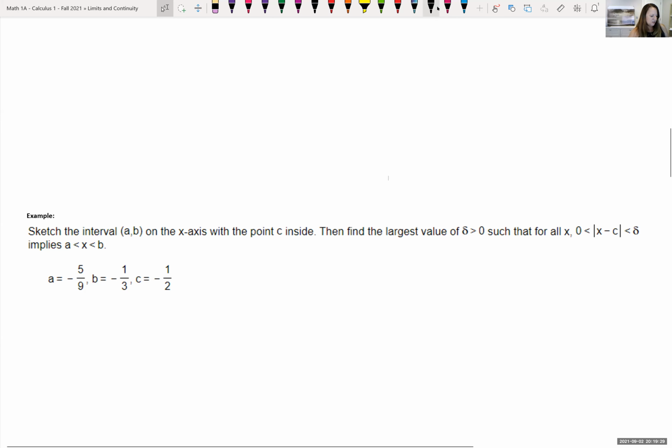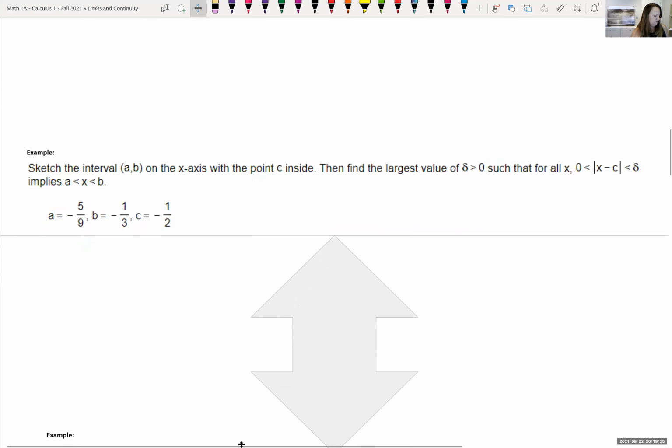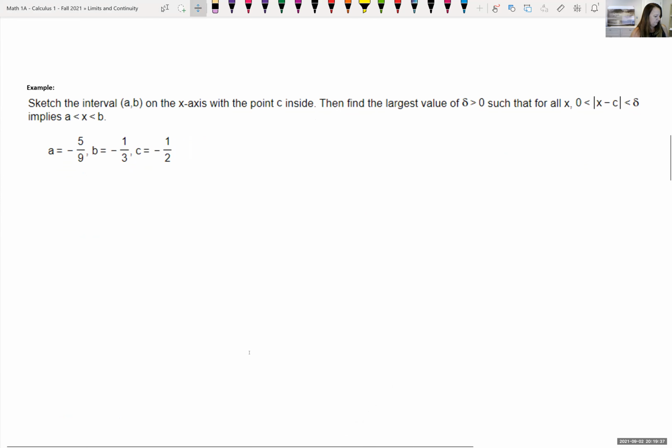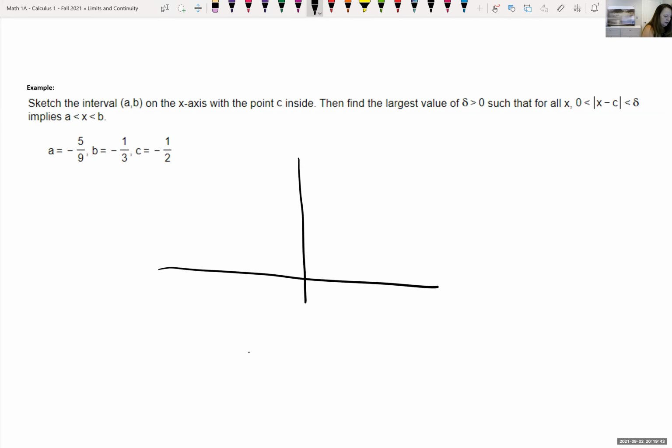So the first thing they want us to do is graph this. If I were to graph this, I'm blowing this up, and it's not necessarily to scale.